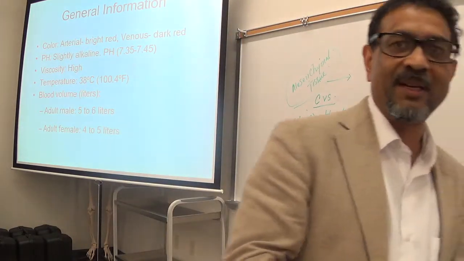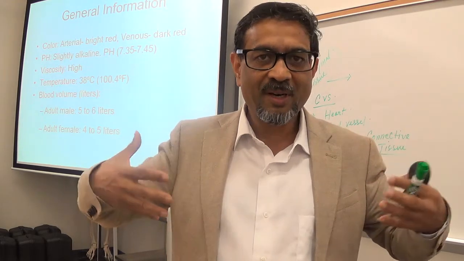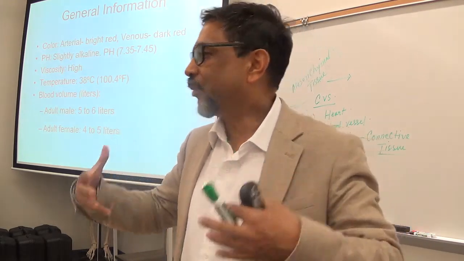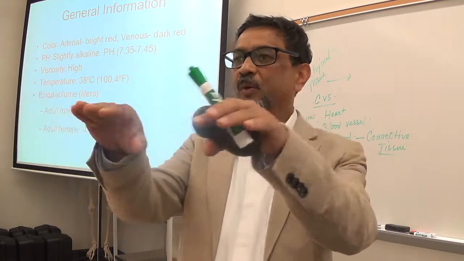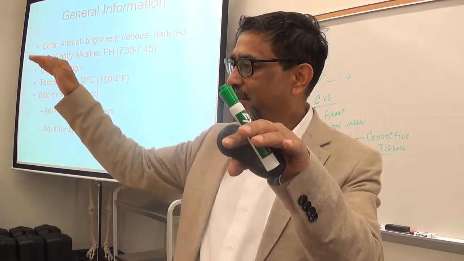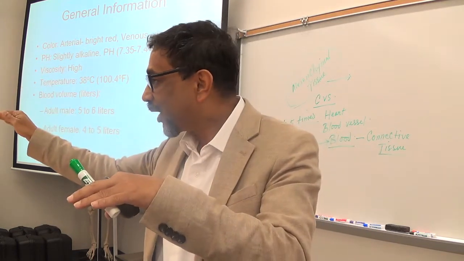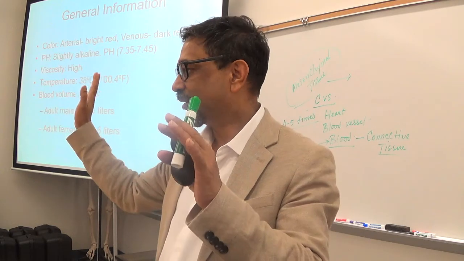Two factors I said. One is the size is bigger, right? And number two, even if you measure the volume of blood in a male and female, both are same size, male body has more blood because of muscle. Make sense?